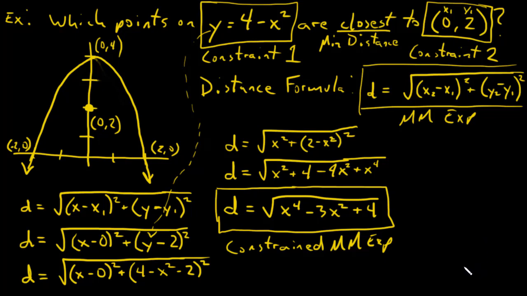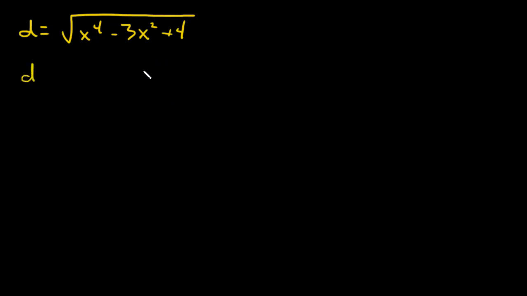If you allow me, I'm going to clear this off. I have a little bit of room to work. I don't need a lot, but I don't think I can fit it in right here. So I've got my distance is equal to the square root of x to the 4th minus 3x squared plus 4. Okay. Now, I need to take the derivative of this. And so if I wanted to, I could say this is x to the 4th minus 3x squared plus 4 to the 1/2 power.